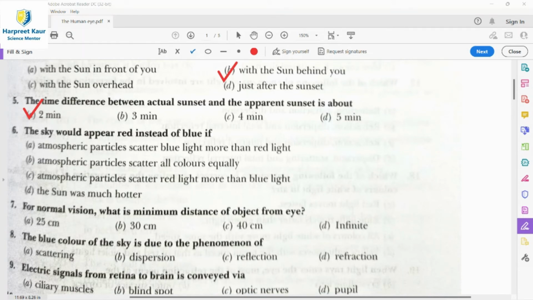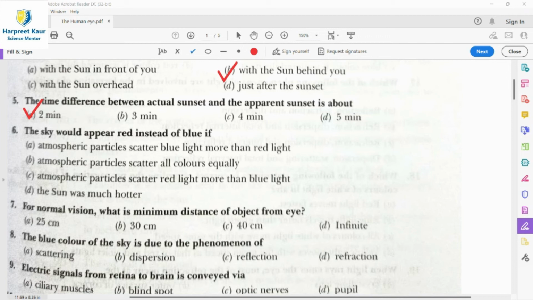But the shorter wavelength blue light is scattered all around the sky by air molecules in the atmosphere. So whichever direction we see, we can see some of the blue light, it enters our eyes and the sky appears blue to us. The molecules of air scatter more of the blue light than the red light. So blue light is scattered much more than the red light. That is why we see the sky as blue.